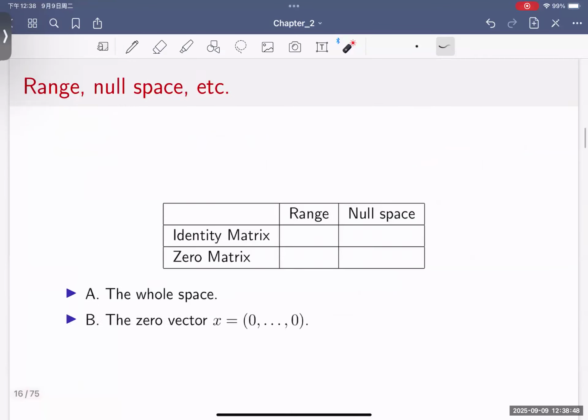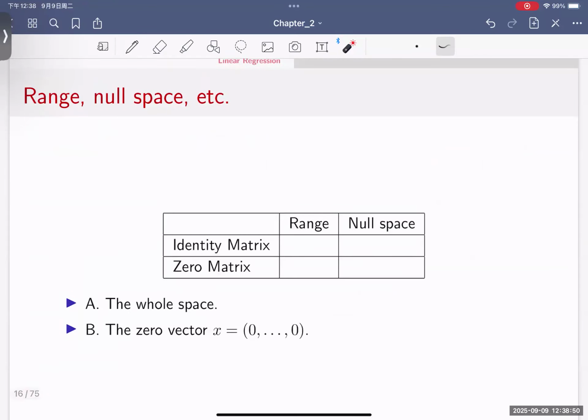Here we consider two very simple cases. One is the identity matrix, and the other is the zero matrix.